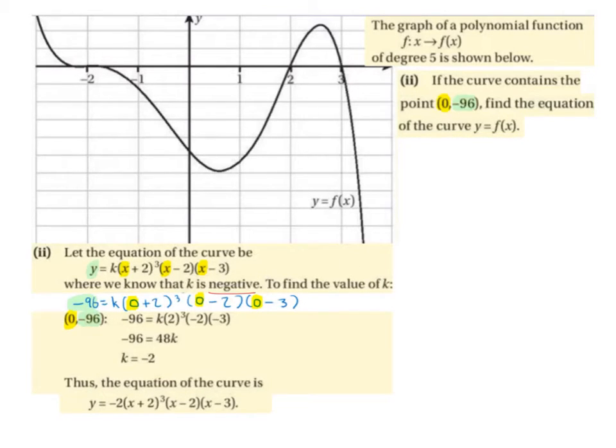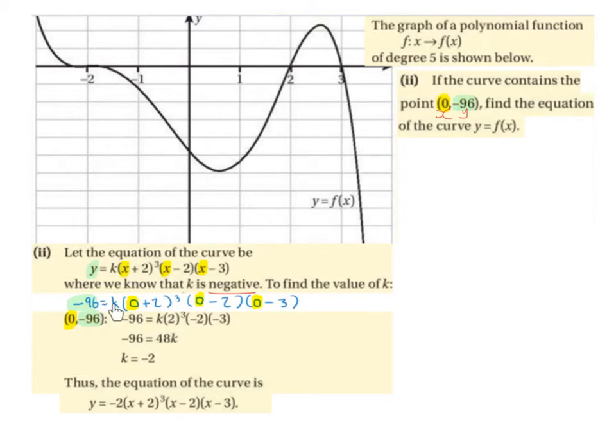So to find the value of k, we're going to swap the y for -96 and swap each of the x's for 0. So we end up with -96 equals k times (0 plus 2) cubed times (0 minus 2) times (0 minus 3).